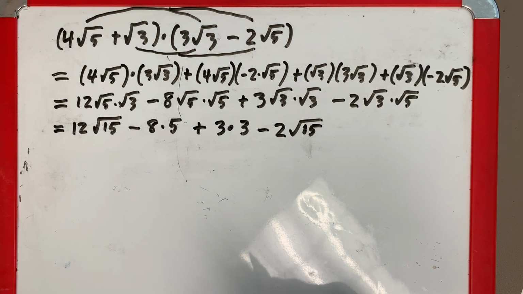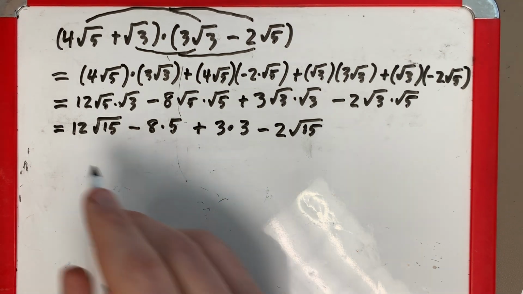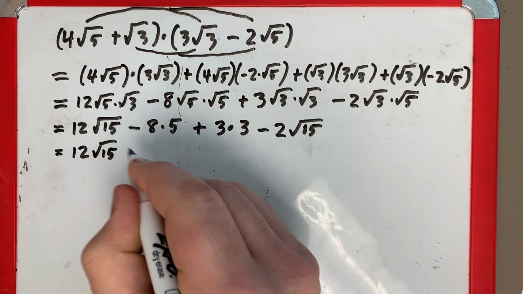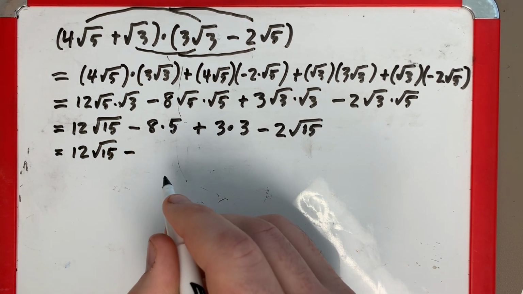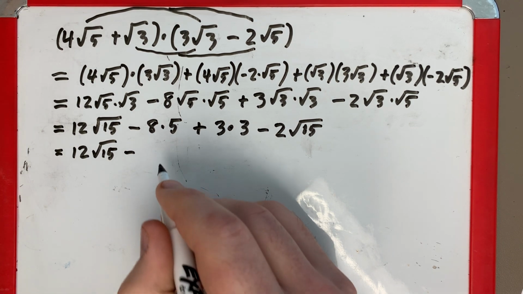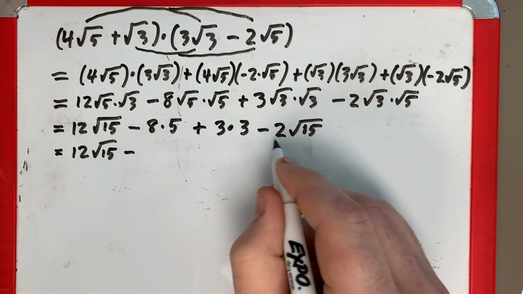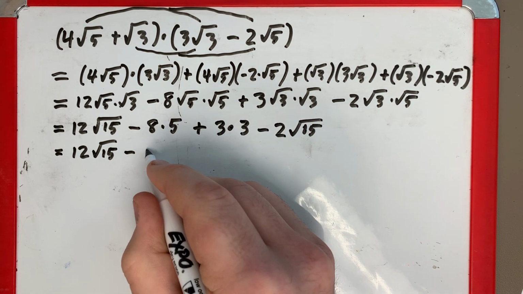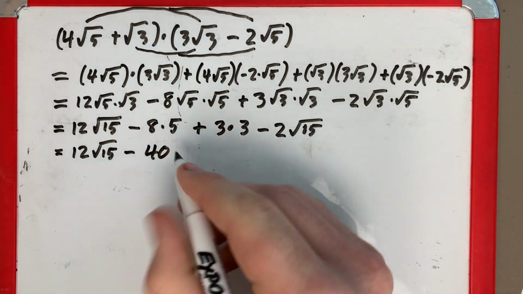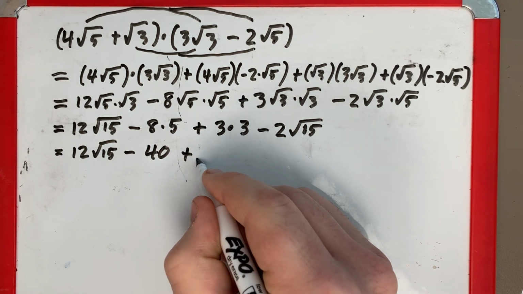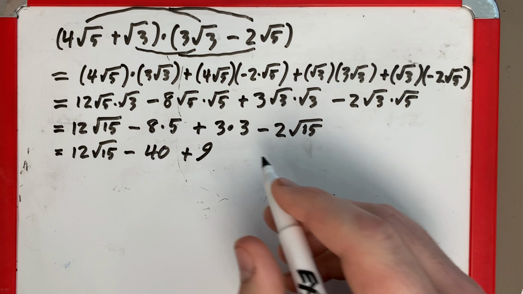Okay, so let's simplify some of this multiplication here. So we have 12 root 15 minus 8 times 5. All right, and we also have this 3 times 3, and we also have this minus 2 times root 15. So 8 times 5 is 40. And we have 3 times 3, which is 9. Okay?